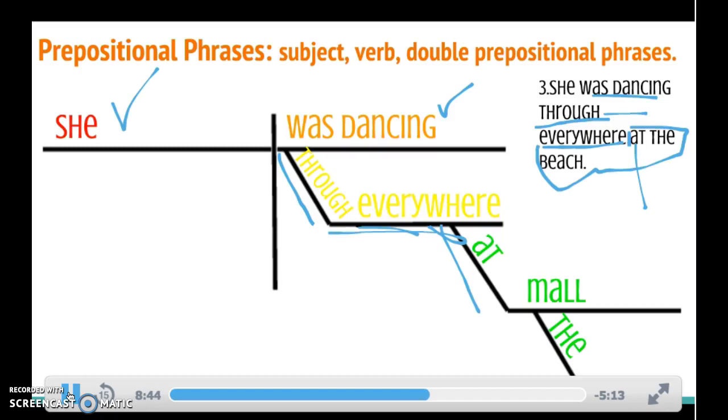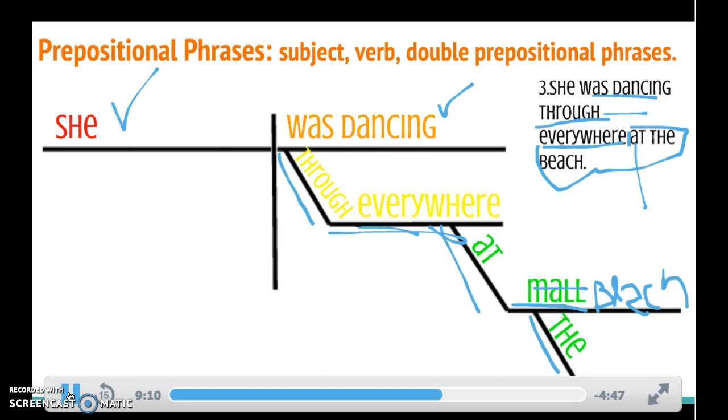The is an article, beach is the noun of the prepositional phrase. Oh, sorry, I wrote the wrong word right here. It's beach, so just ignore it. So the will go below beach right here, at the beach.